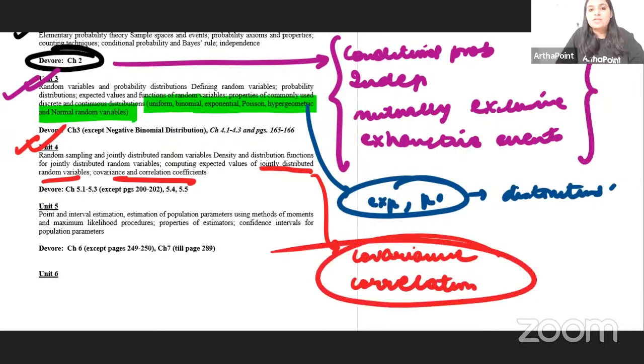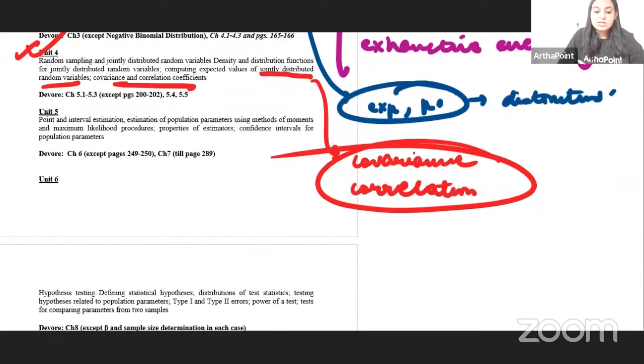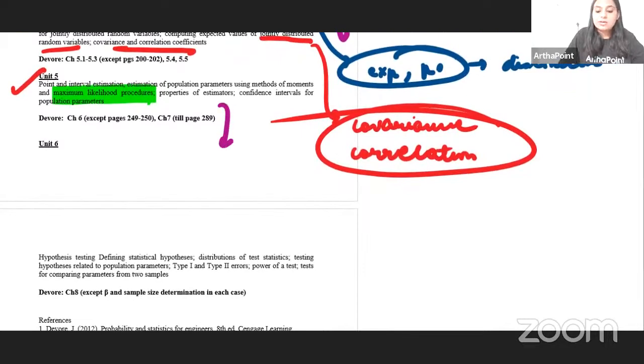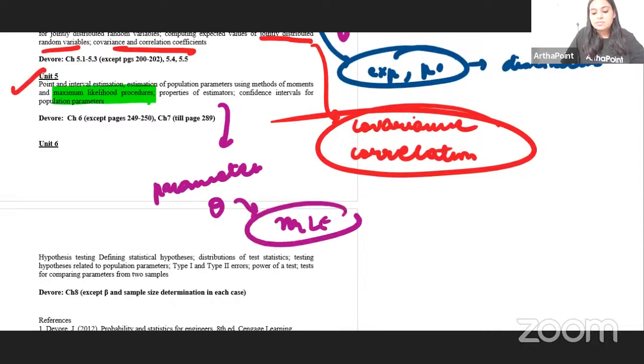That's the next topic that we will talk about. Then we have point estimators. This has very important analysis of the maximum likelihood method. How to find the parameters, which is thetas, through the MLE method.